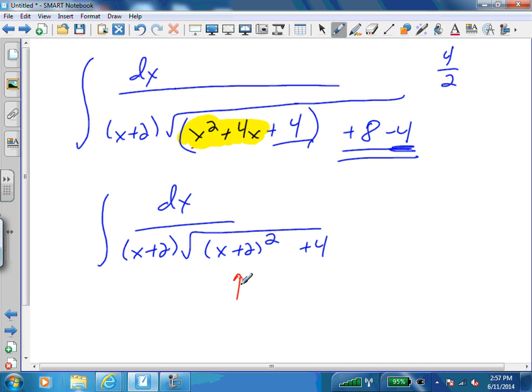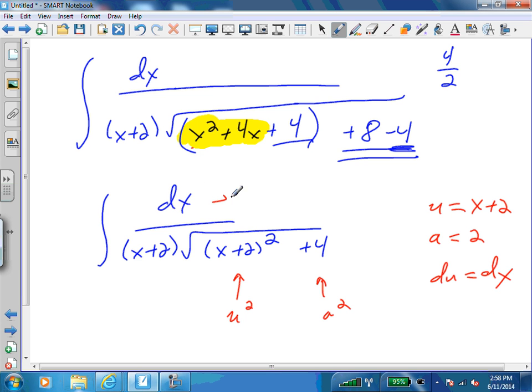So we have u squared and a squared. And remind me, how do I know that this is the u squared and not the a squared? Because that has the variable. So what would that make u? That's what's being squared, x plus 2, so that's u. What would that make a? And what would du be? dx.